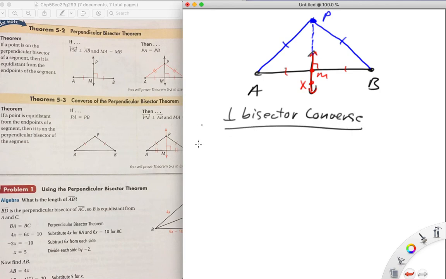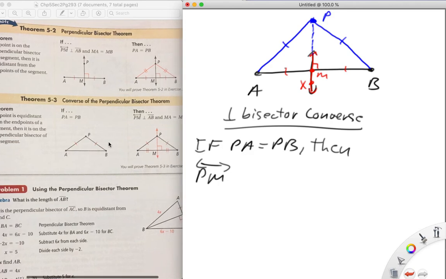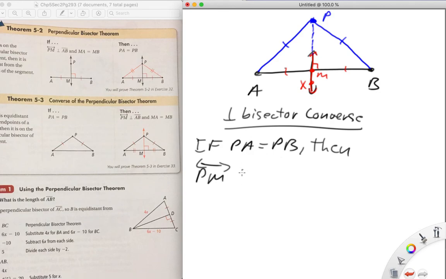And again, it says if PA is equal to PB, then I can say that line PM is the perpendicular bisector of segment AB. Remember, a perpendicular bisector cuts it in half and forms a 90-degree angle.